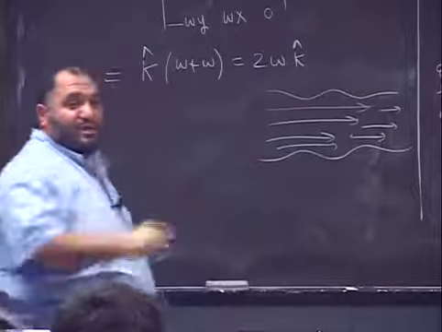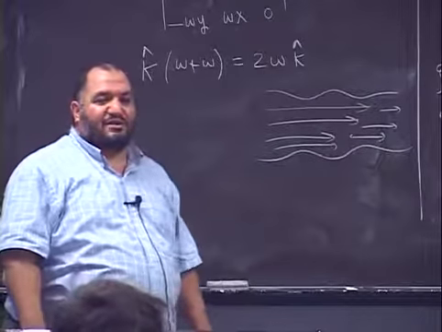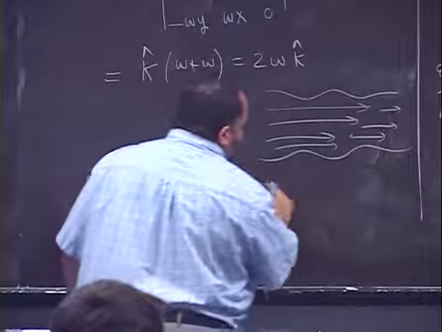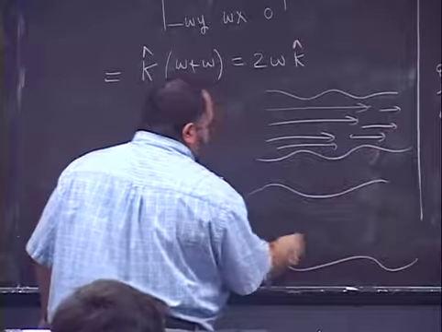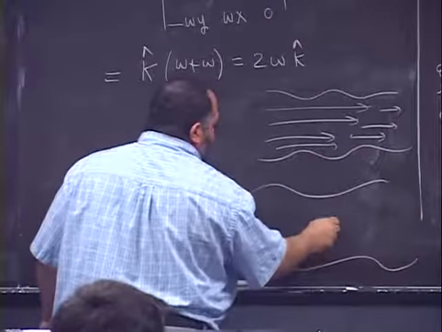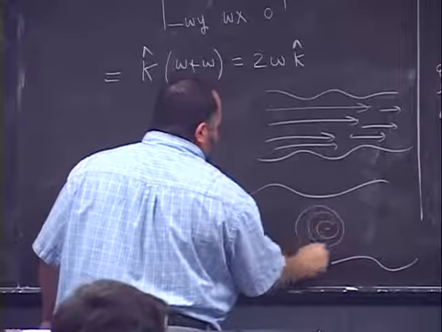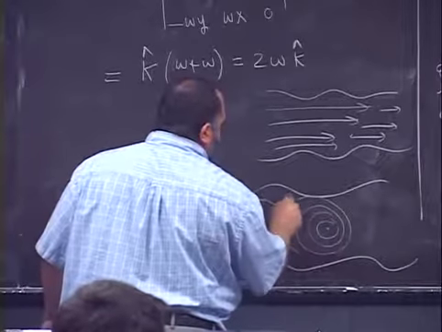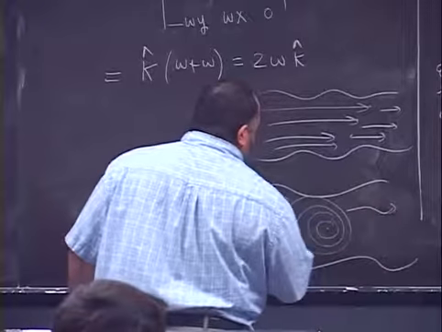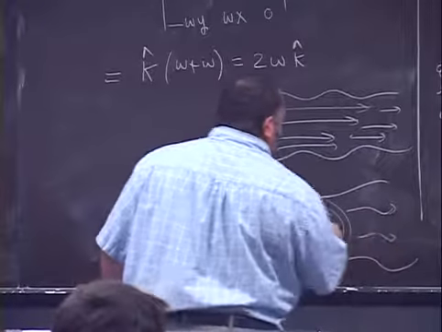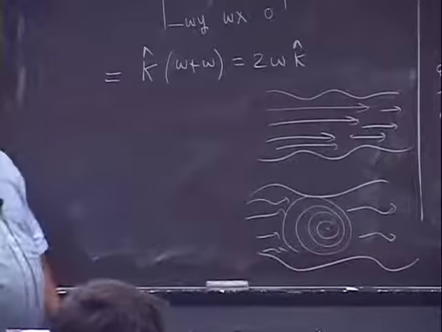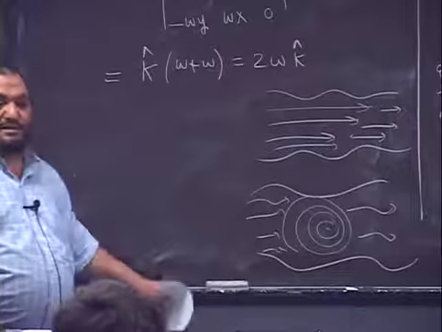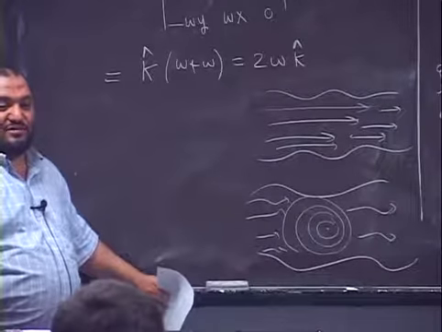If you try to see, you will notice that this field does not have any rotation. But let's say in the middle of the river, you start to have a whirlpool, something like this. So in this case, the velocity field will have a what? A curl.